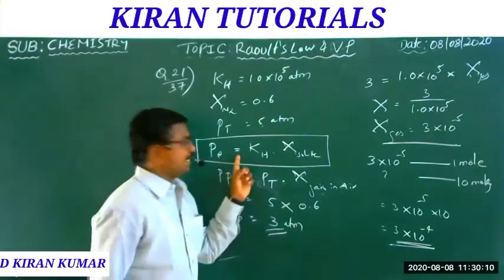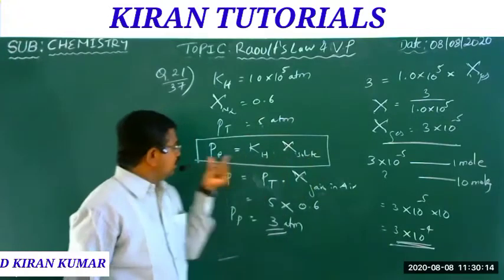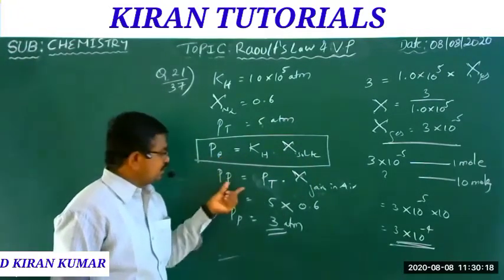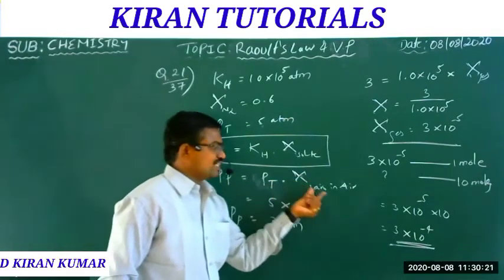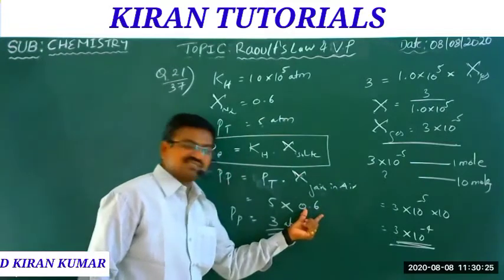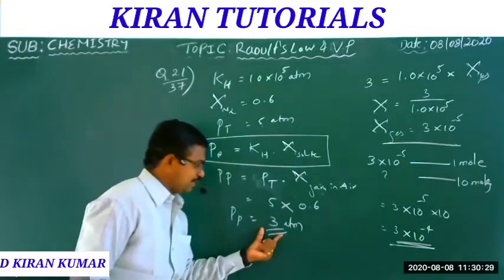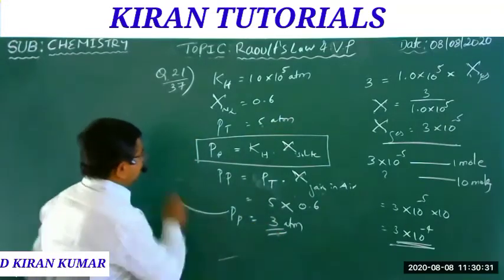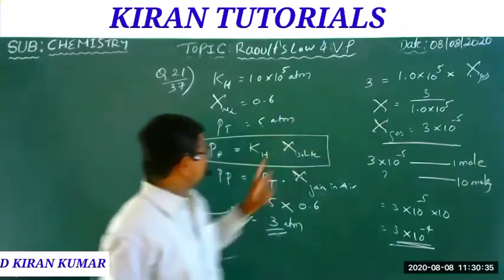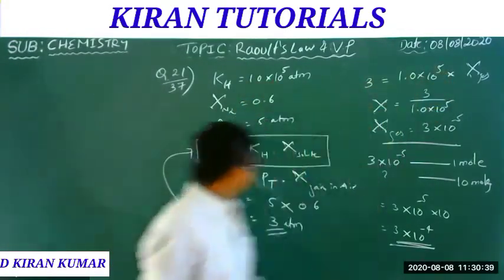First we have to calculate partial pressure equal to Henry's constant into mole fraction of a solute. How do we calculate partial pressure? Total pressure into mole fraction of a gas, 0.6. Total pressure 5. So partial pressure equal to 3 atmospheric pressure. Then if you substitute values here, partial pressure 3, KH 1.0 into 10 power 5.